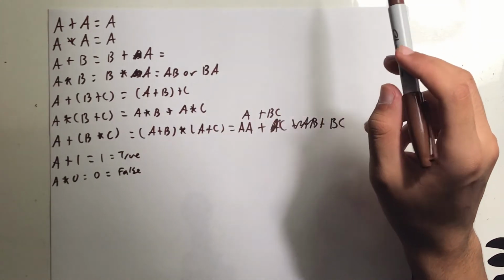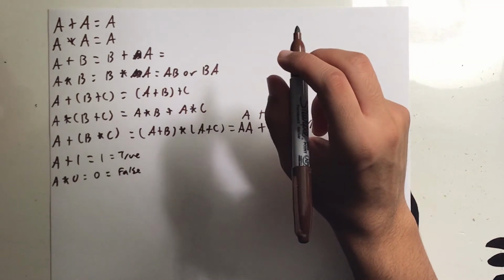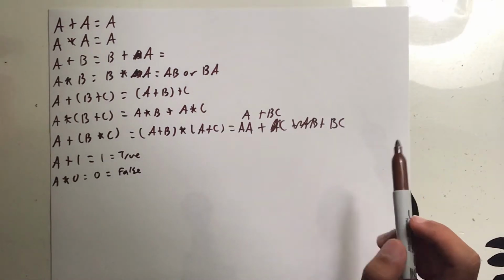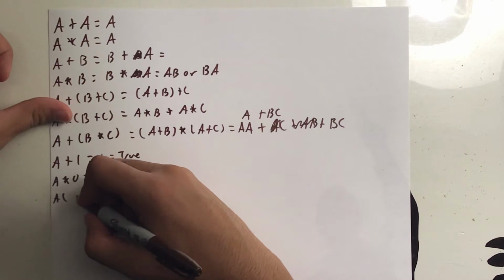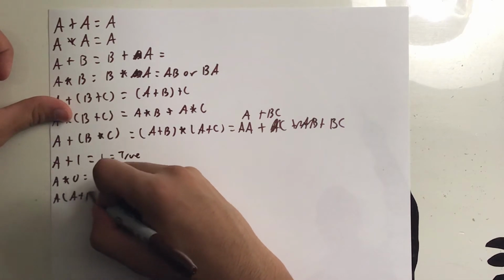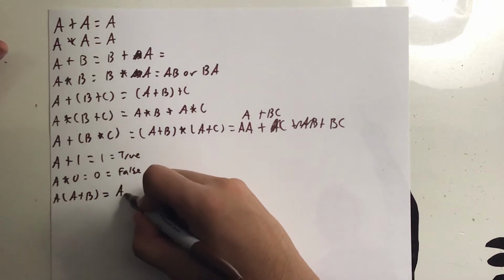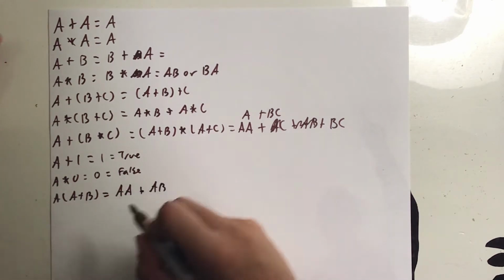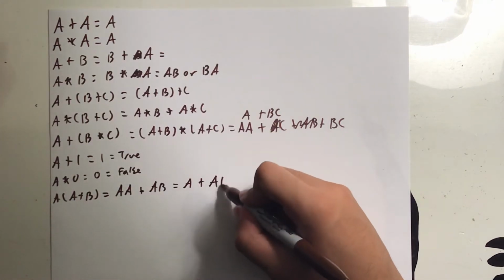And then we get into the law of absorption. Law of absorption is pretty cool, and it's the most fun to do because you just eliminate stuff, like we did right here. So let's say we had A times A plus B. When we do the distributive property, we get AA and AB. A times A is A, so it's going to be A plus AB.